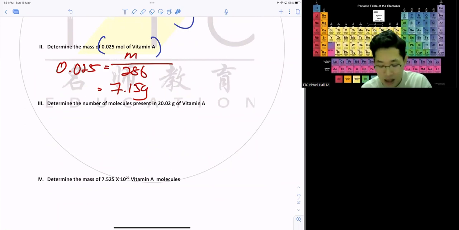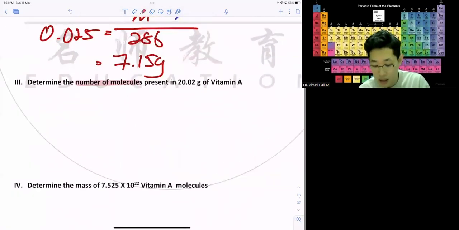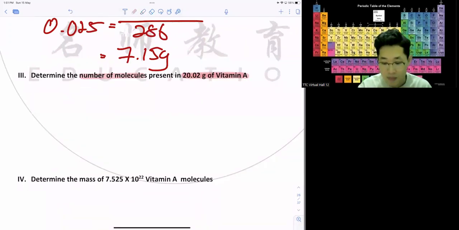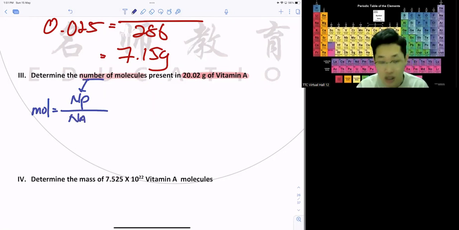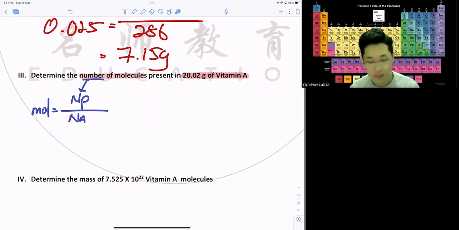Okay, now the questions are slowly getting harder. Determine the number of molecules in 20.02 gram of vitamin A. You see, without understanding the question, we can just apply the formula. Mole equals number of particles over the Avogadro's constant. Because they say number, I use the mole for number to calculate it.